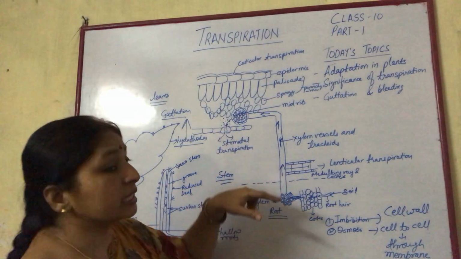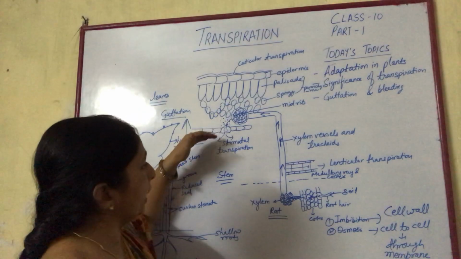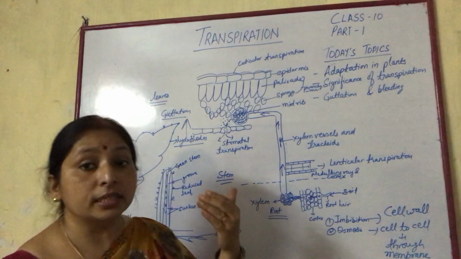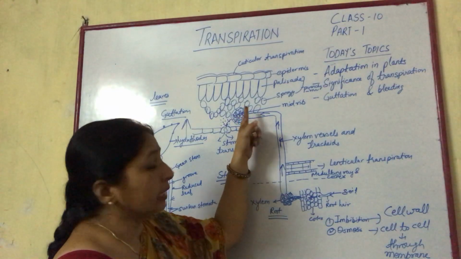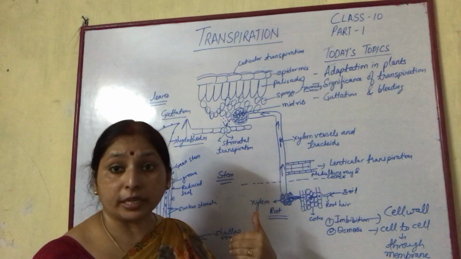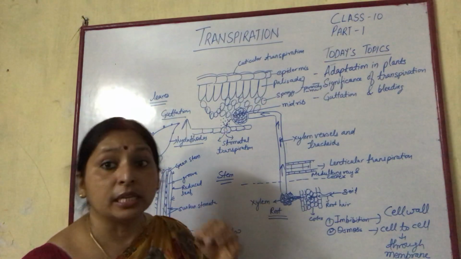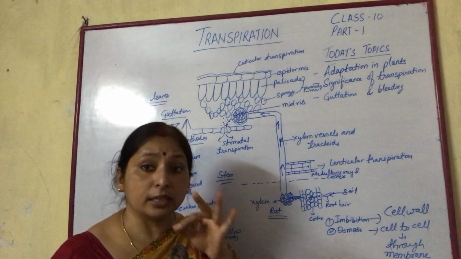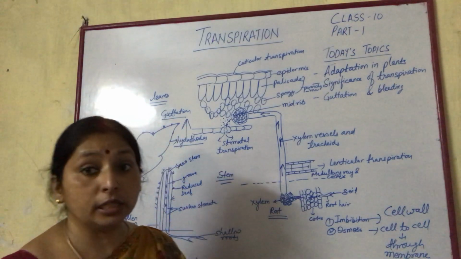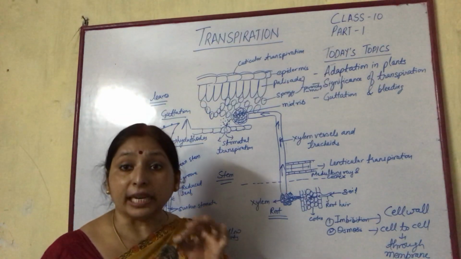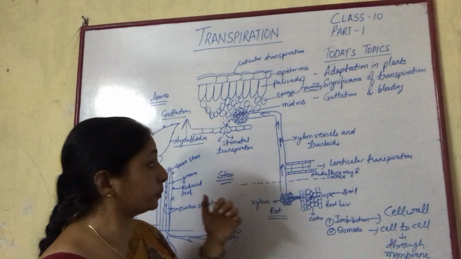Transpirational pull is created by the suction force when water evaporates from the stomata. It results in drawing of water from the midrib. After that, the midrib draws water from the tracheids and xylem vessels, and this creates a suction pressure, similar to when we suck through a straw while consuming drinks. That same suction pressure is created in the transpirational pull.